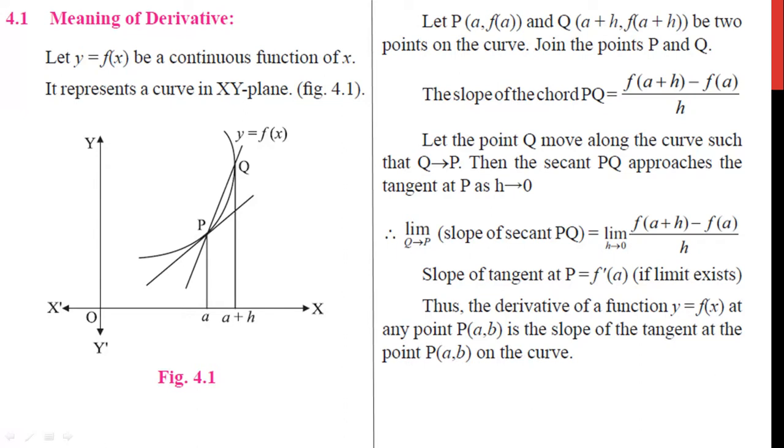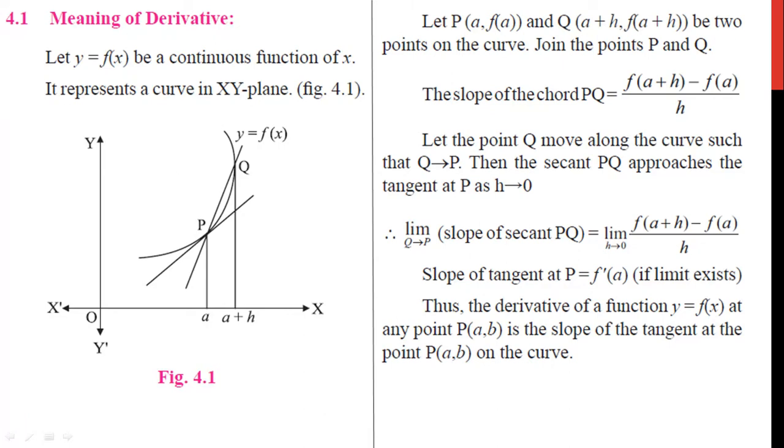Okay. Now suppose that the point Q moves along the curve such that Q tends to P. See this carefully. If you move the point Q to the point P, that means Q tends to P, then the secant PQ approaches the tangent at P as h tends to 0, means Q moves towards P, that means h tends to 0.